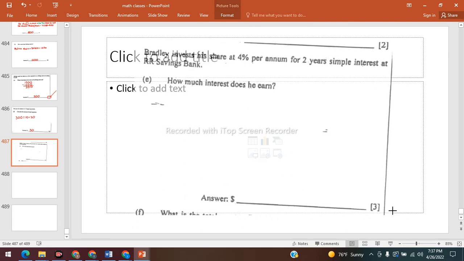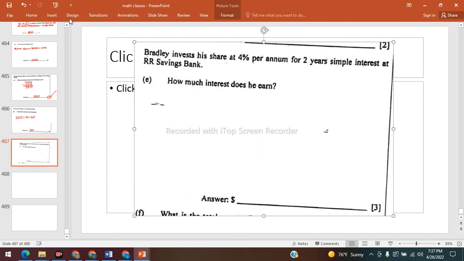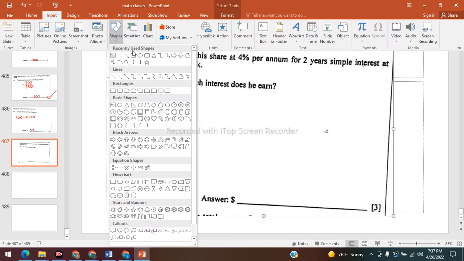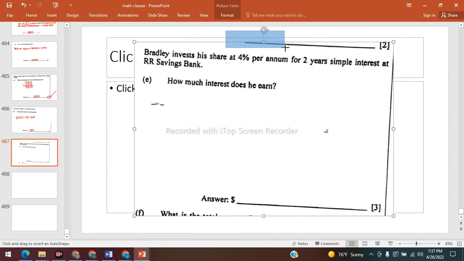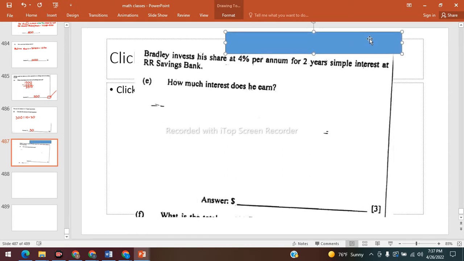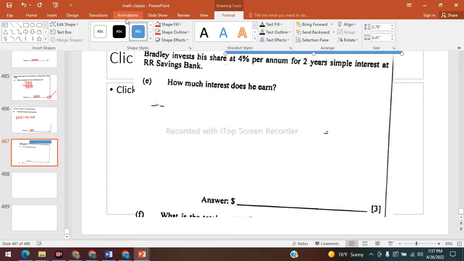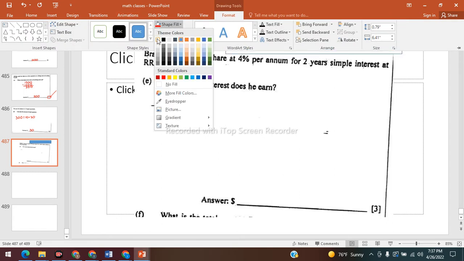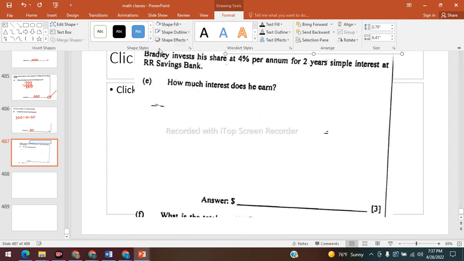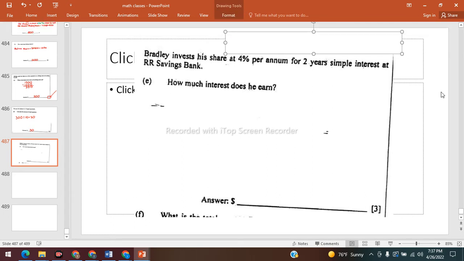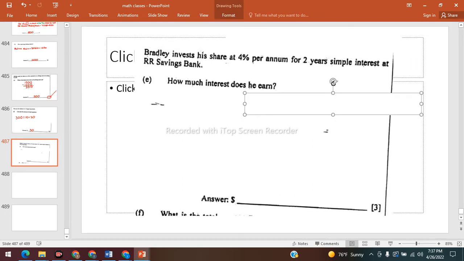This class was loaded, like with 50 participants. Yeah, like 50, 60. It was at 51. That's the most I ever witnessed. No, it was more than that. At one point it got to 60. Mrs. BT was jumping up and down when you see 60 people join. But I knew that it was coming.